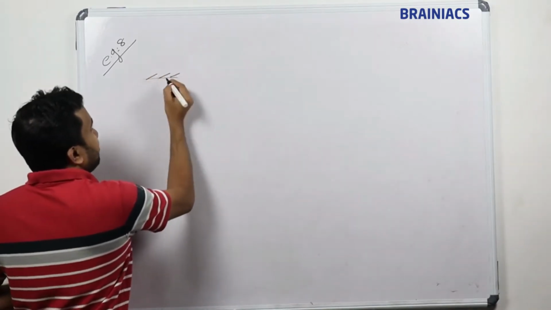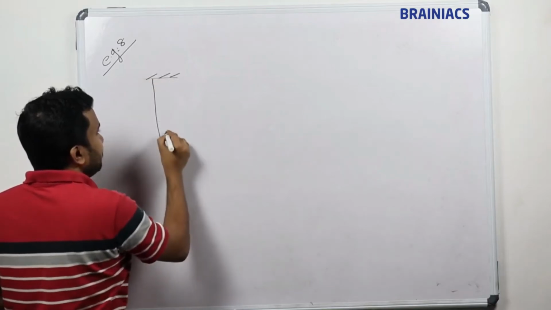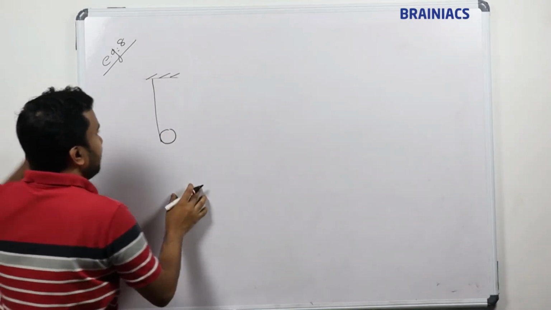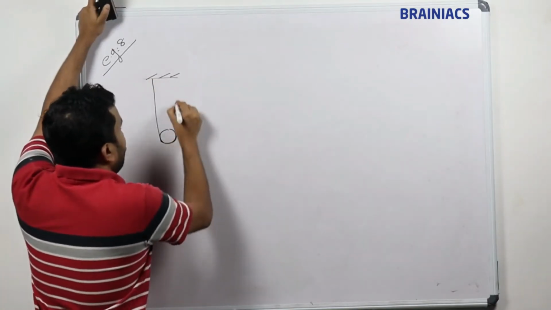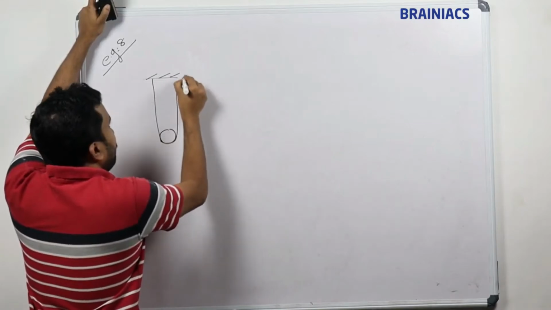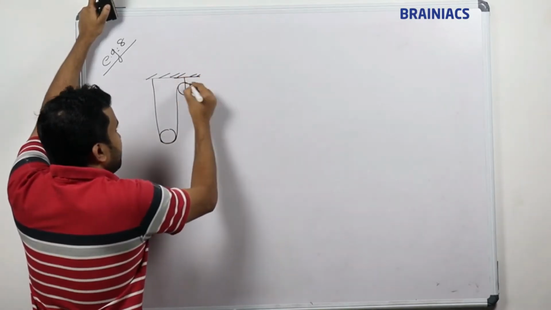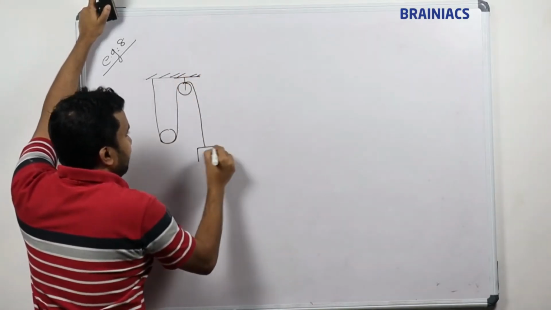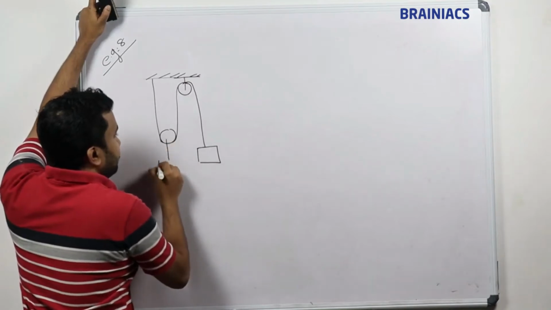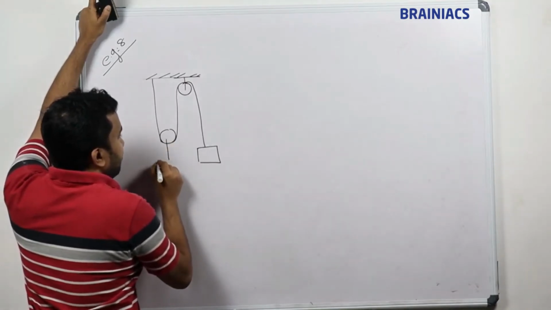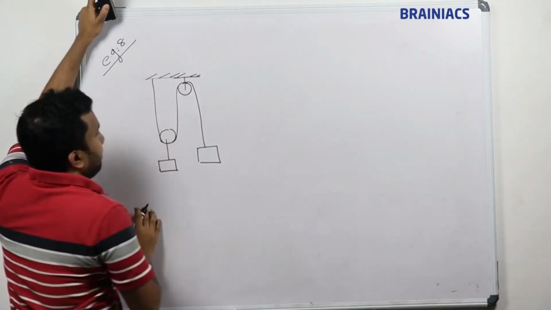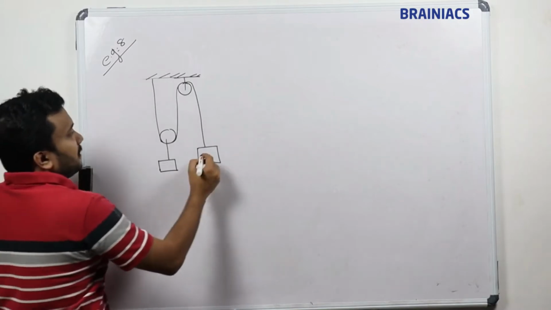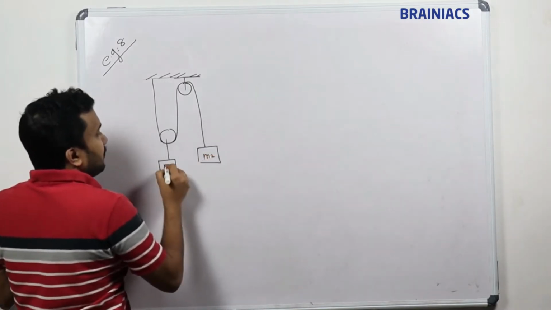We have a fixed structure and a pulley system, and over the pulley another pulley is connected. This is like a multiple pulley system, connected like this. This is a mass M2 and this is a mass M1.